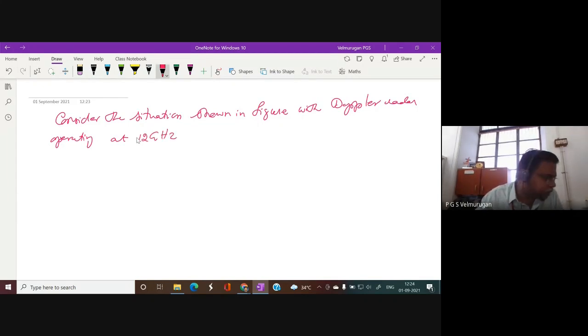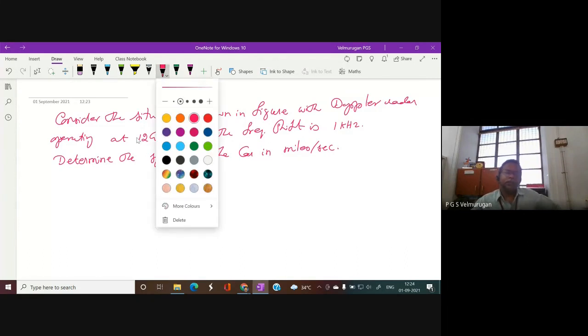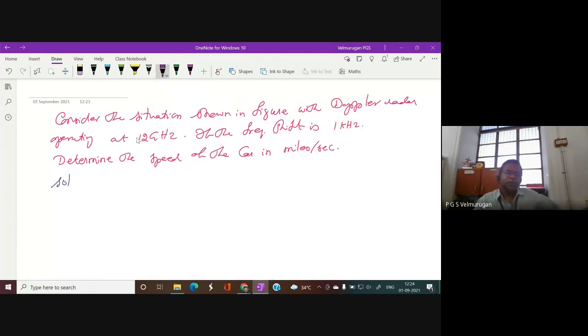Okay, so your radar is operating at a frequency of 12 gigahertz. If the frequency shift is 1 kilohertz, okay, then determine the speed of the car in miles per second. ஓகேங்களா? என்ன பண்ணணும்? மைல்ஸ் பெர் செகண்ட்ல கண்டுபிடிங்க. வாட் இஸ் த ஸ்பீட் ஆஃப் யுவர் கார்?